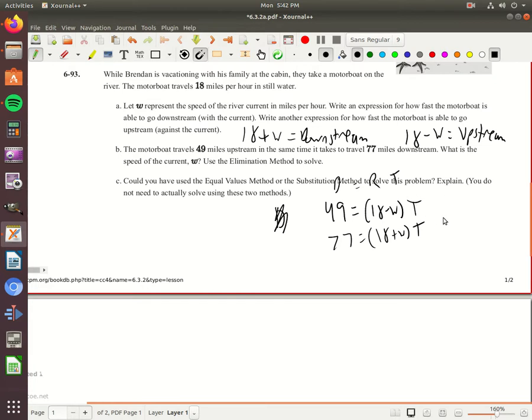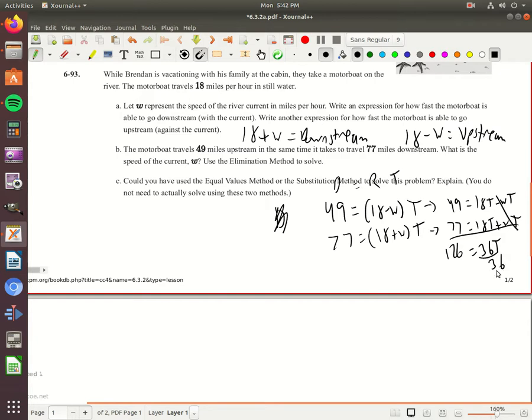So my suggestion would be this. I would distribute the T, and I would get 49 equals 18T minus WT, and I would get 77 equals 18T plus WT. And now when I eliminate, these are going to eliminate, and I'm going to be left with 36T here, and what, 126.